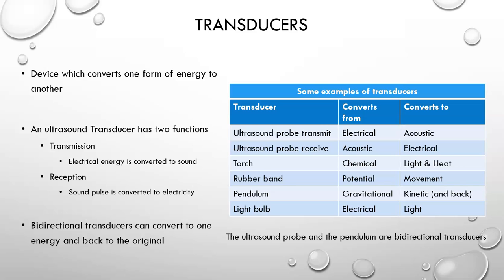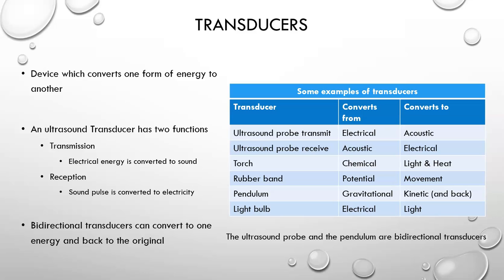And something like a rubber band, which can turn potential energy into kinetic energy. Those are all examples of different types of transducers, and I'm sure you can think of many other examples yourself.